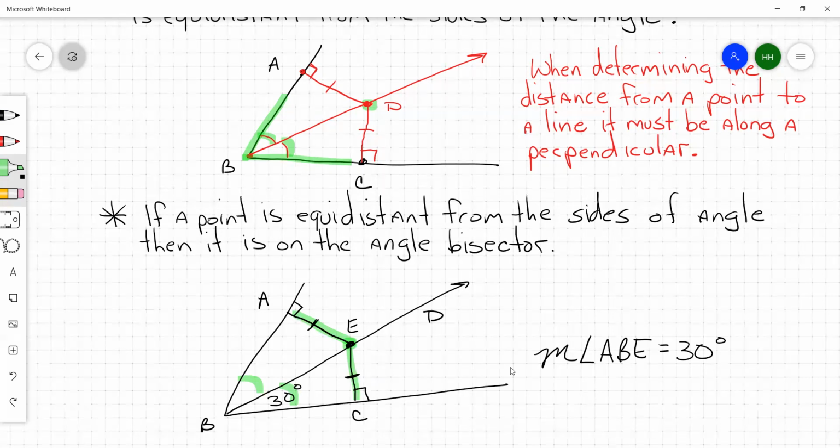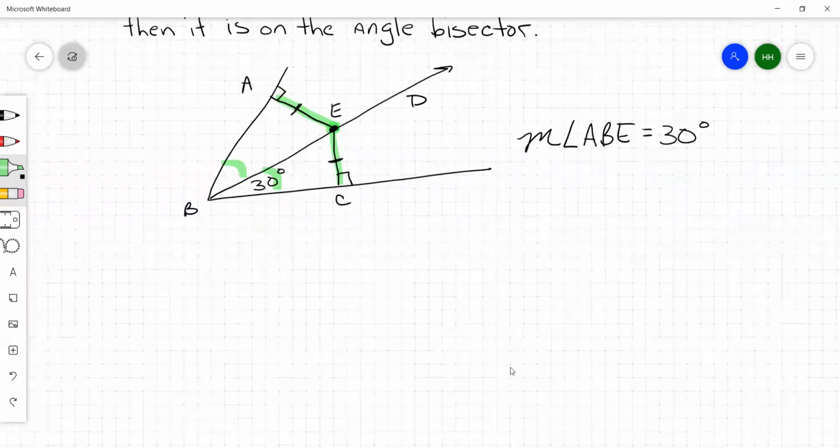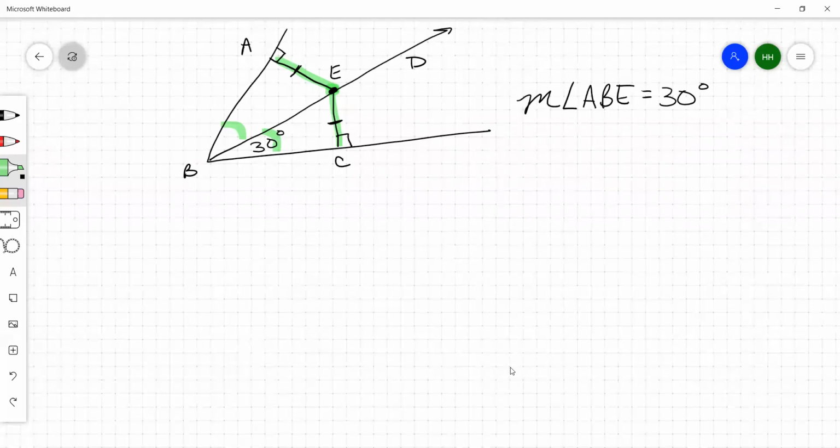All right, and then one more thing we got to know about the angle bisectors of a triangle.